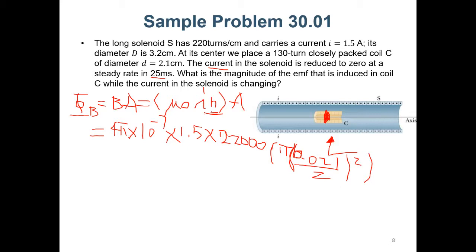So this is pi r squared, which is the area of this part. And we know that it is 1.44 times 10 to the minus 5 Weber.